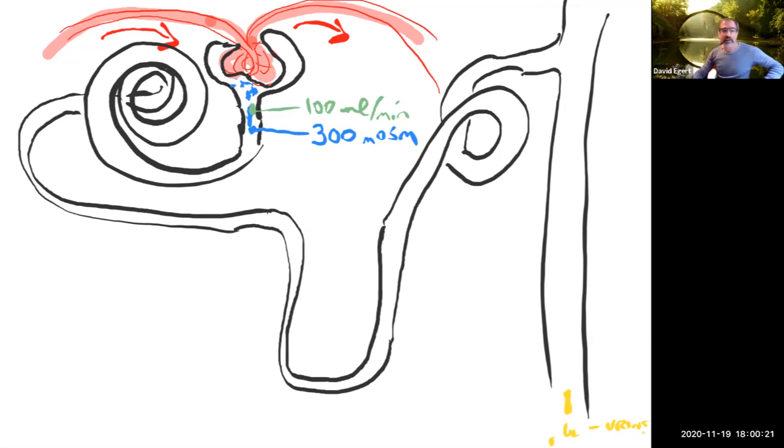The nephron. All right. So we have our nephron here, this big kidney tubule. It's got all these different sections. And we have talked about this first part, the Bowman's capsule and filtration.